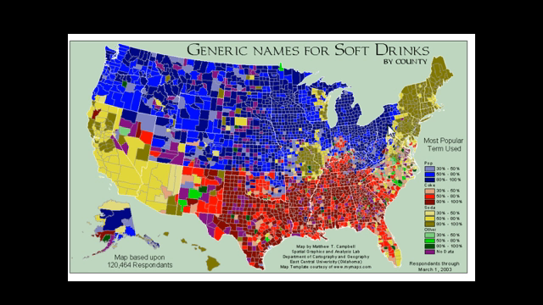The same thing could be true if we look a little more carefully at Wisconsin. Remember, we said that Wisconsin had kind of a split personality with regard to what people typically call soft drinks. In the eastern part of the state, it looks as though just about all of the counties, the people who live there generically refer to soft drinks as soda. And then in the western part of the state, they generically refer to soft drinks as pop.